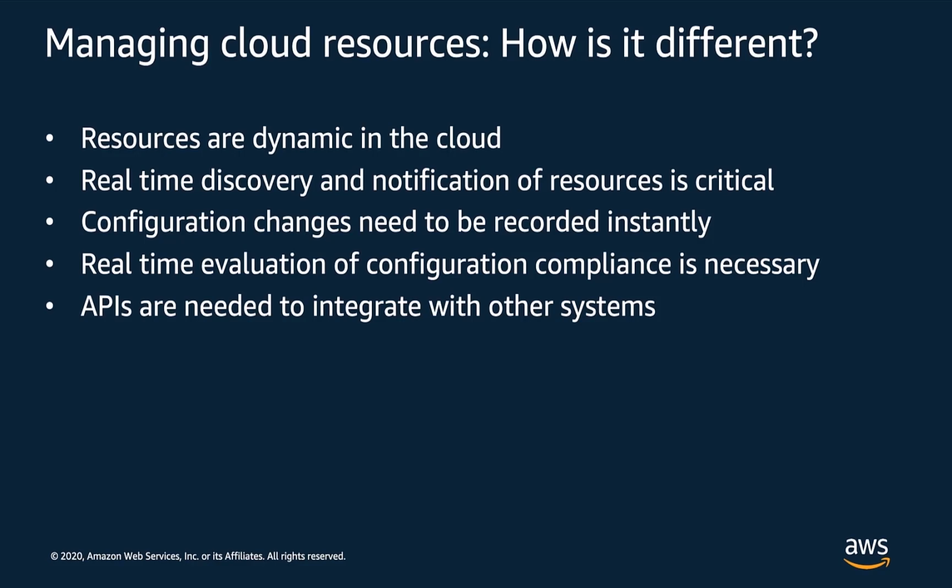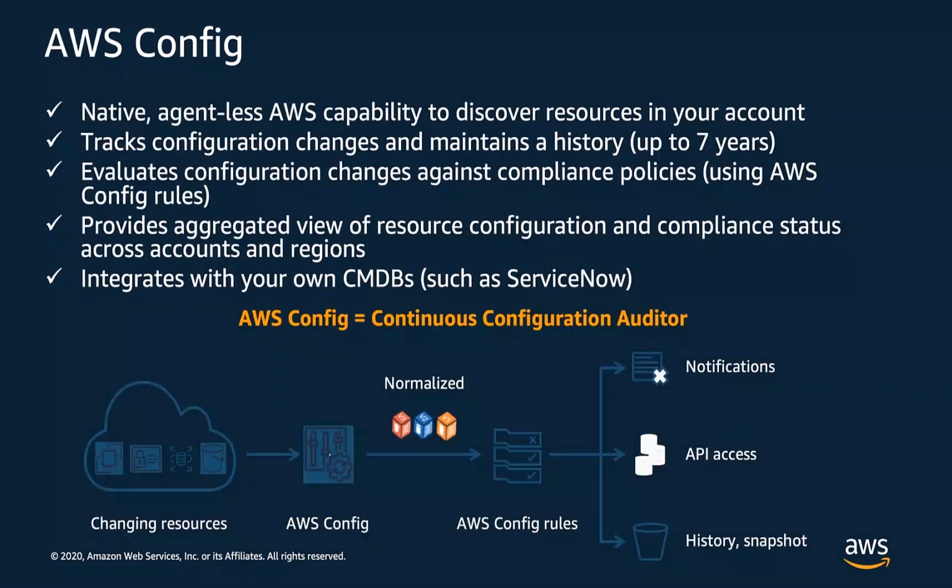So basically, you need a cloud-aware CMDB in order to be able to manage the cloud resources. And that's where AWS Config comes in handy. AWS Config is a native tool within AWS integrated with other key AWS services such as CloudFormation, CloudTrail, CloudWatch, and AWS Organizations that can help in inventory management and configuration compliance management.